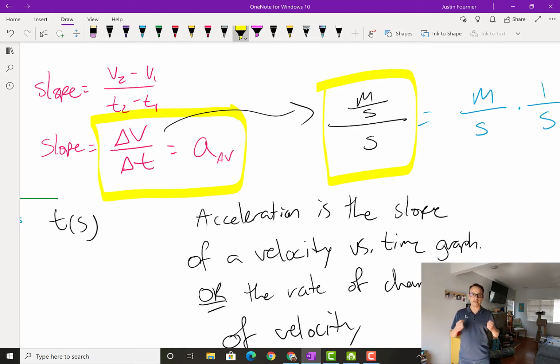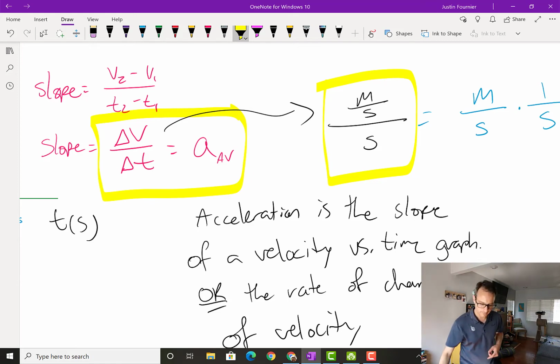What this means is that your velocity is changing 2 meters per second every second. Let's say you're at rest and then 2 meters per second. So if you're at rest and you're accelerating at 2 meters per second, that means that the next second that goes by, I now am traveling at 2 meters per second.